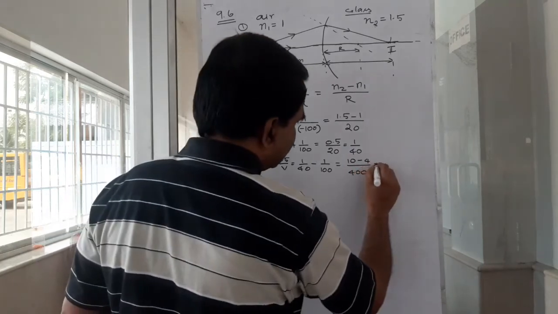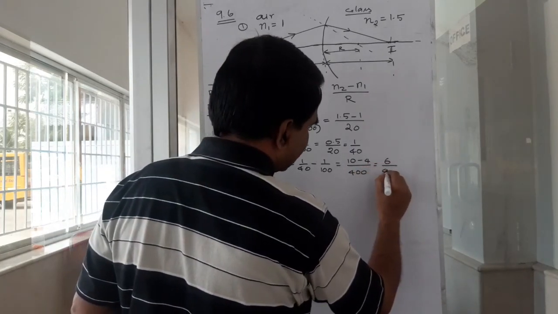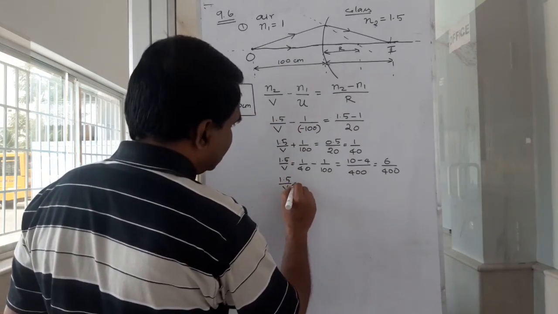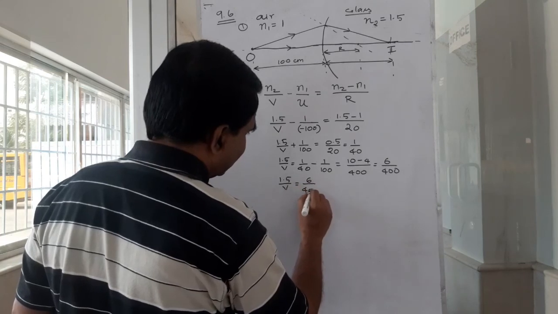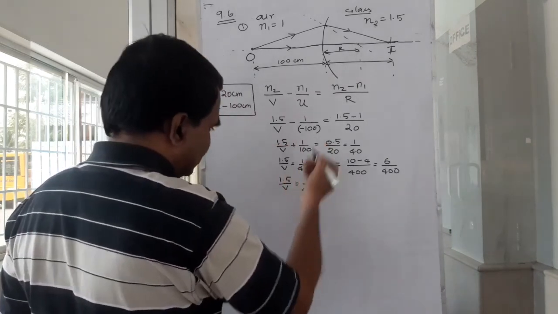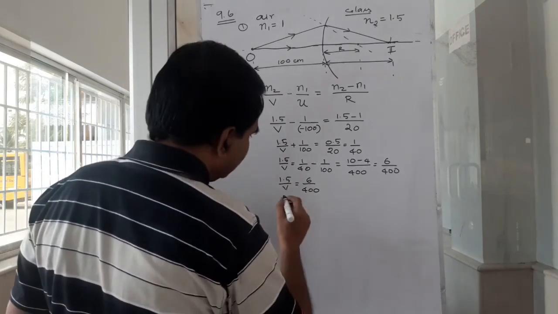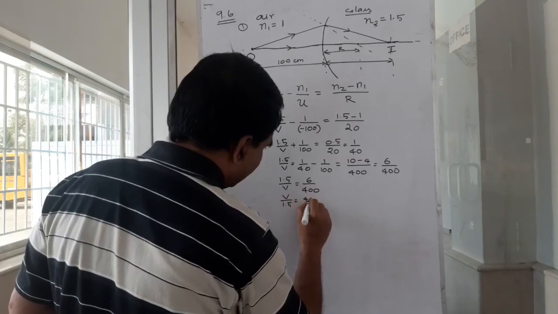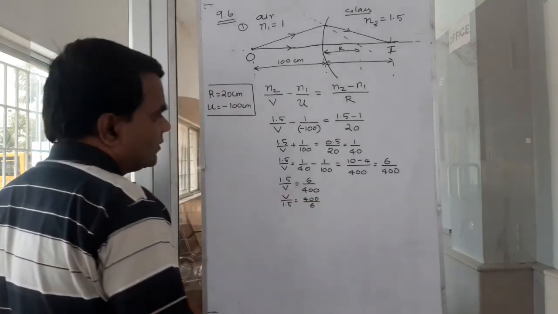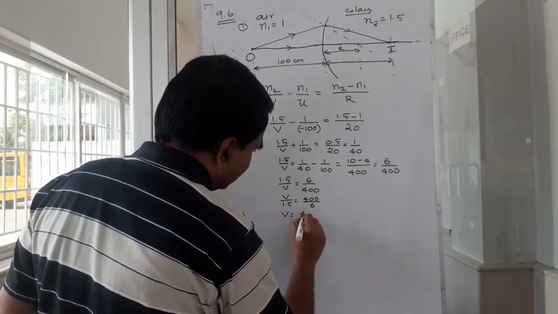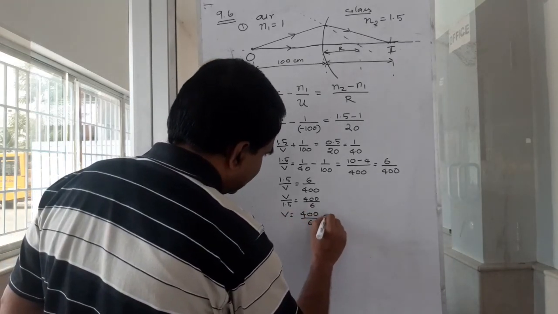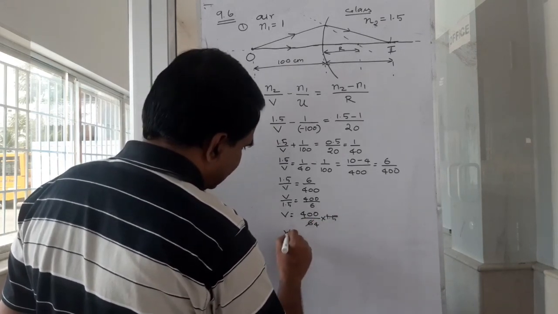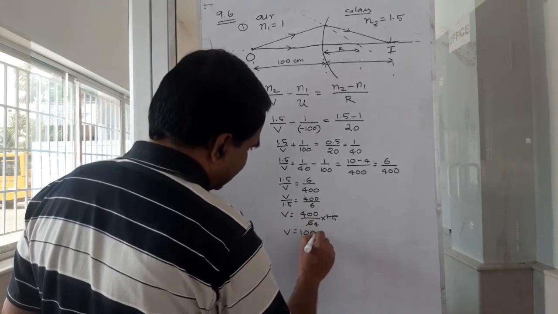Okay, so this is going to be 6 divided by 400. So 1.5 by V is equal to 6 divided by 400. So if I reverse this, what am I going to get? V by 1.5 is equal to, invert this, 400 by 6. So V is equal to 400 by 6 into 1.5. So 6 and 1.5 will have 4 here. So V is equal to 100 centimeters.